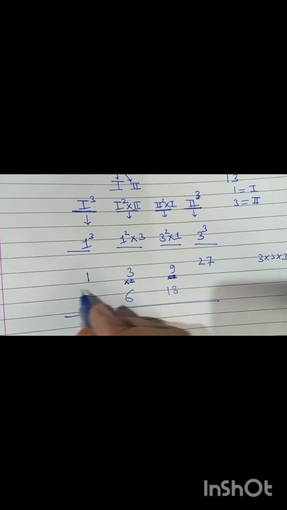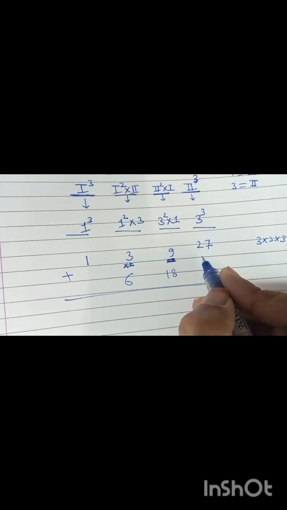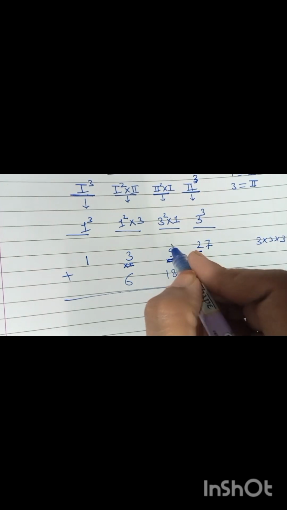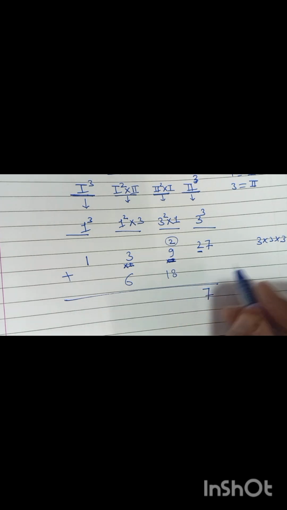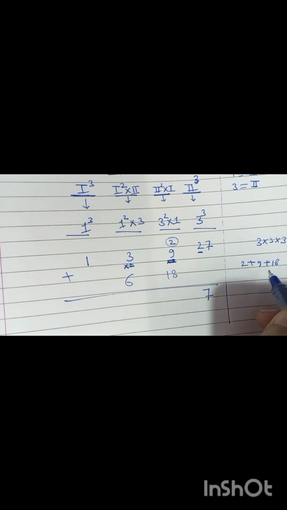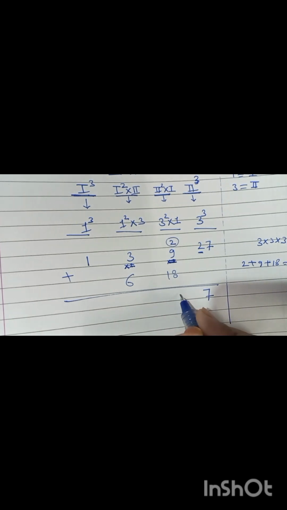Now we will add these. One thing you have to pay attention to: only 7 will come here and this 2 will be carried to the next number. So to carry, I am writing it in a circle. Now we will add 2 plus 9 plus 18. This is for rough work. 2 plus 9 plus 18 equals 29. Now only 9 I will write and this 2 will be carried.